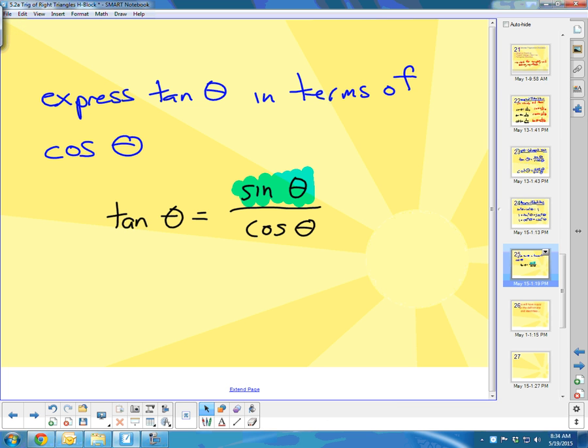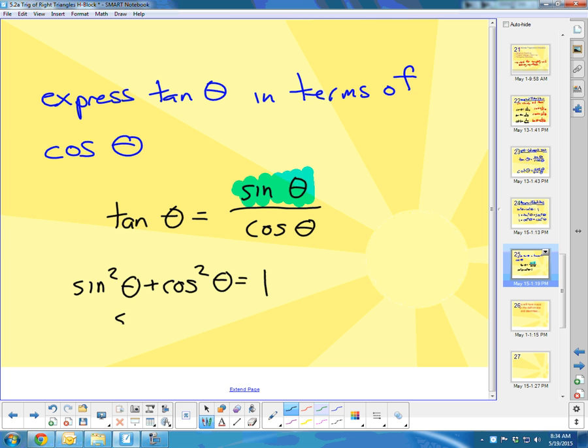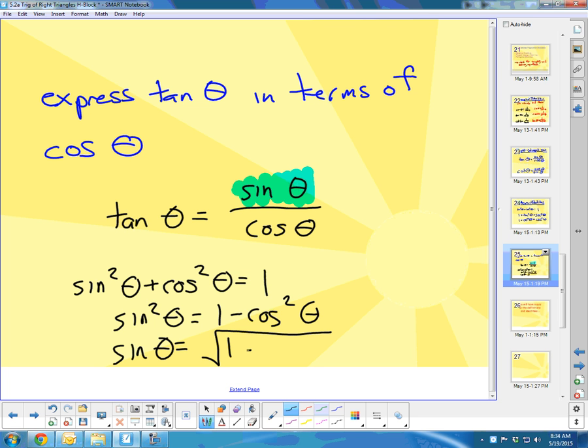Well, to do that, I'm going to use a second identity: sine squared theta plus cosine squared theta equals 1, and rewrite it as sine squared theta equals 1 minus cosine squared theta, and then sine theta equals the square root of 1 minus cosine squared theta.